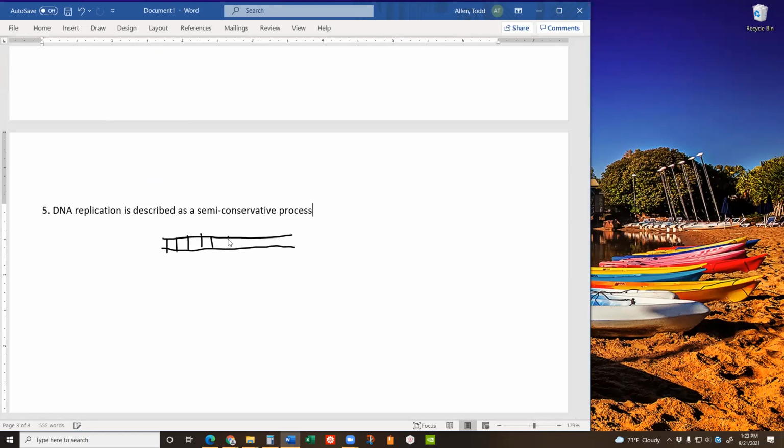So here's the ladder, if you will, of the double helix. So we have 1 double-stranded DNA molecule.